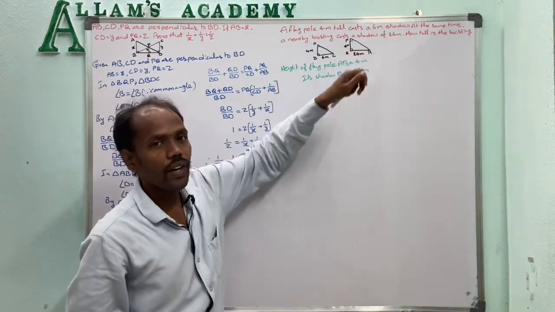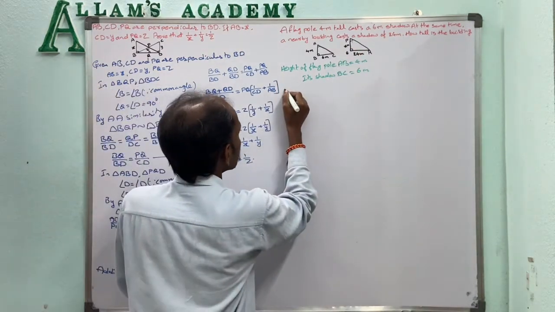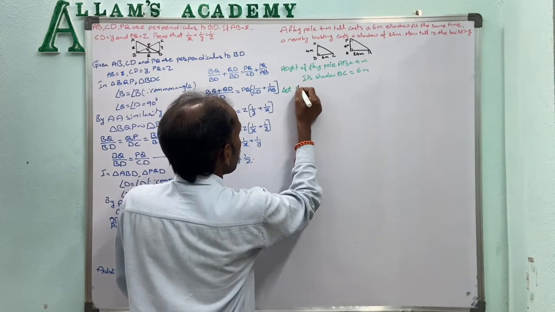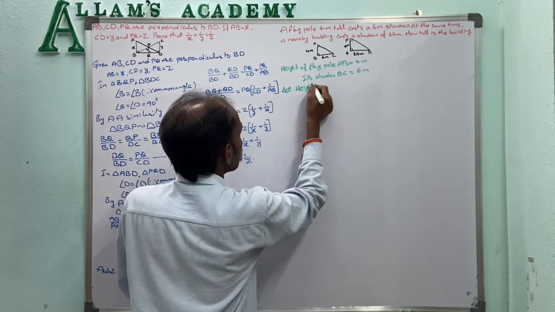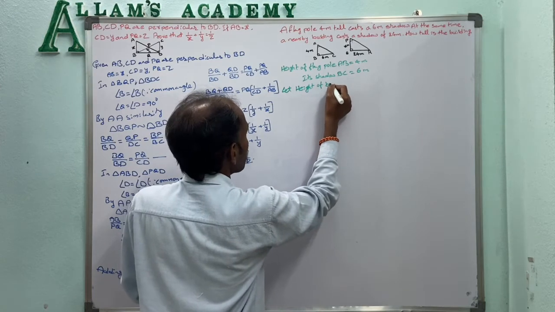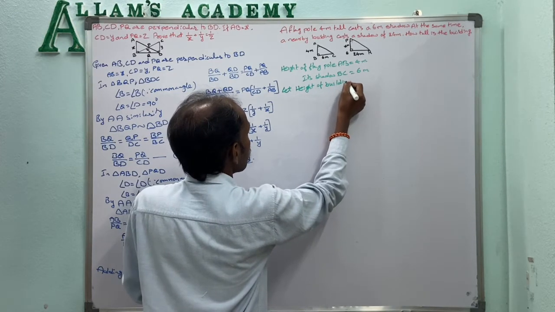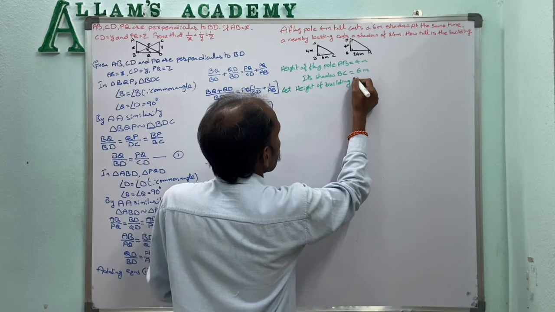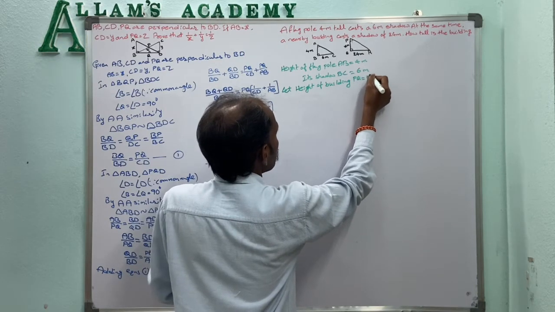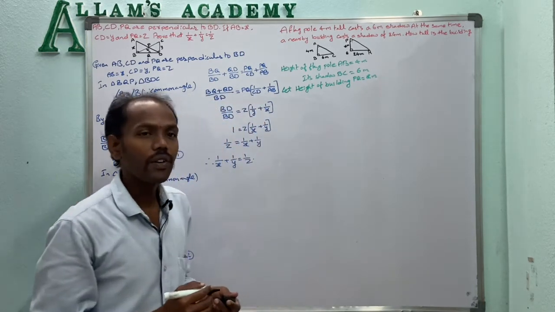Next, for the building, let height of building PQ equal to x meters. That one we are finding.